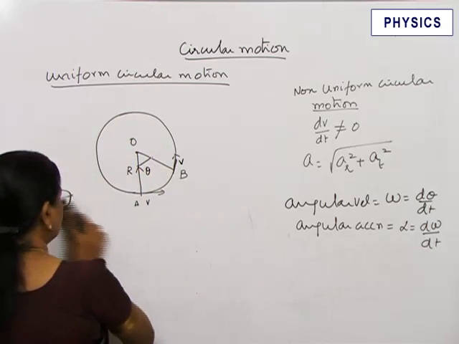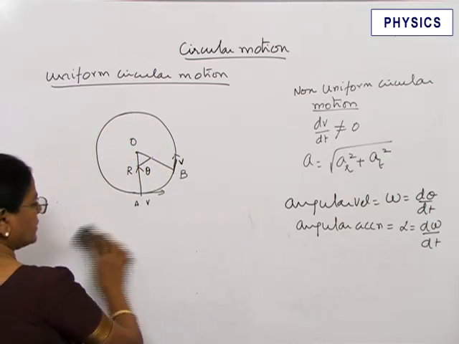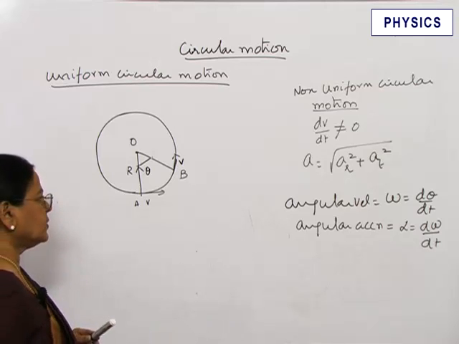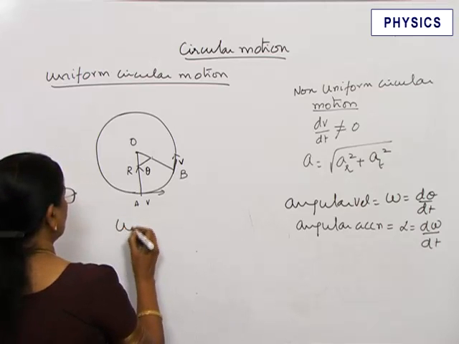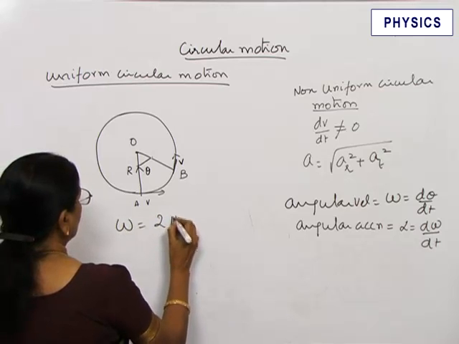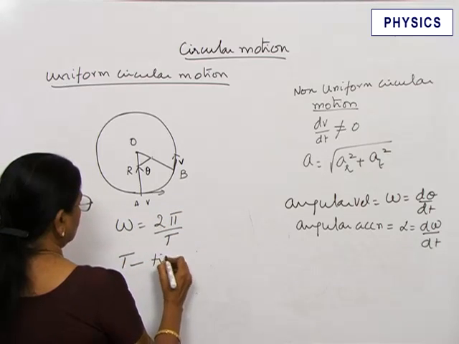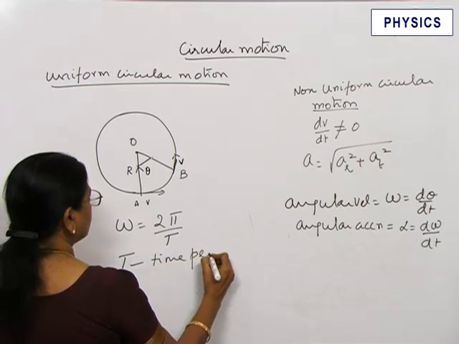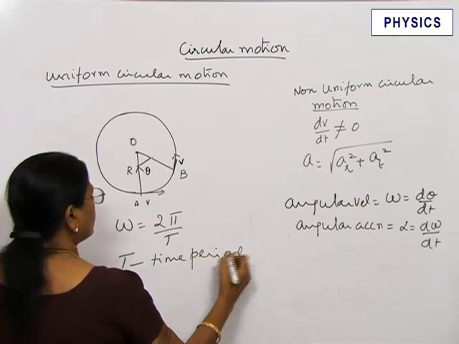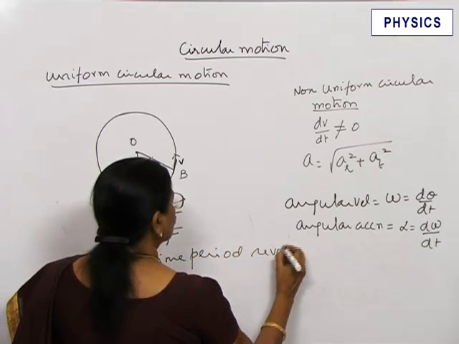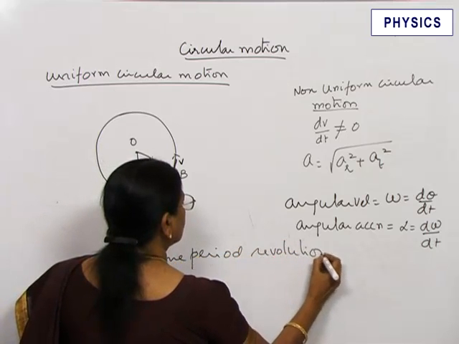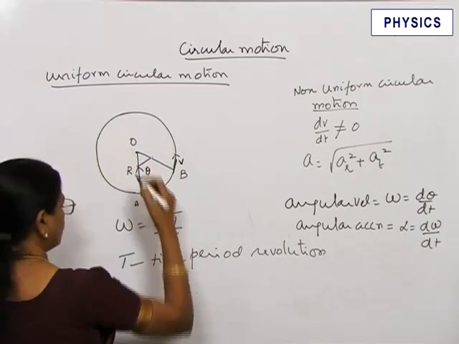Omega can be written in terms of the time period as well as the frequency of revolution as omega equal to 2 pi by T. What is T? T is the time period of revolution, that is the time taken to complete one circle, one revolution.